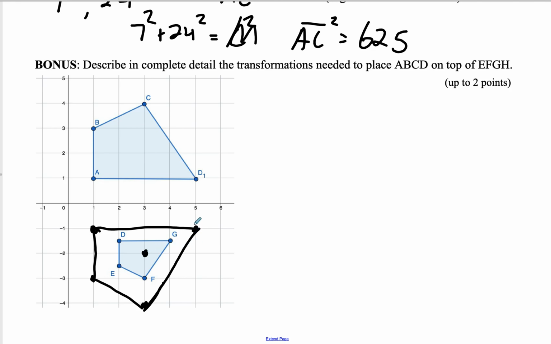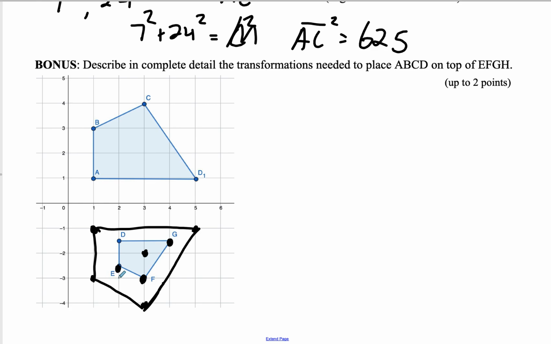So this is over 2 up 1, so it's over 1 up 1/2. This is down 2, so it's only down 1. So I'm going over 1, down 1/2.